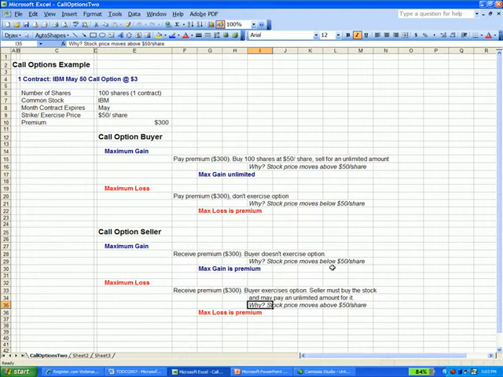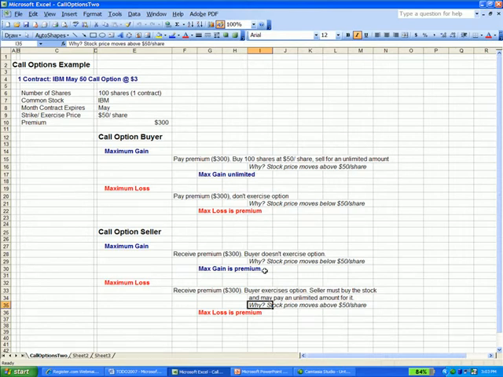Because the stock price moves below $50 a share, the same explanation that we saw in the call buyer's loss explanation. Stock goes down. Buying the stock at a strike price of 50 is not attractive. The option buyer allows the option to expire worthless. The most that the seller can gain is the premium.